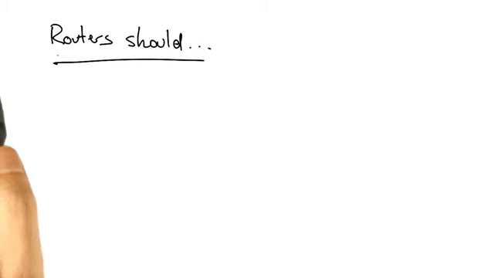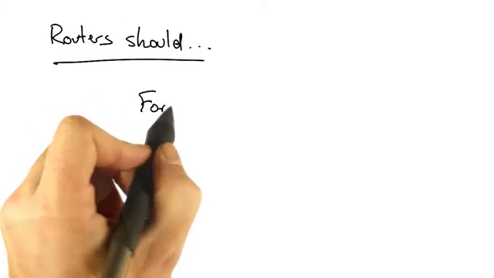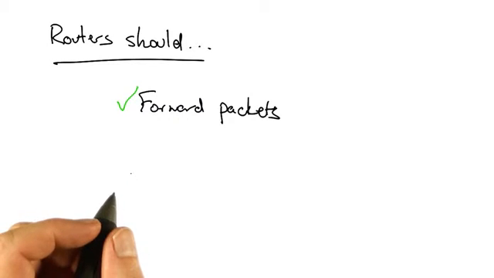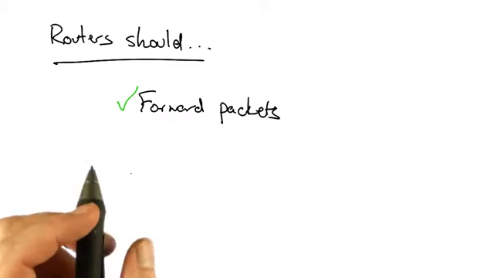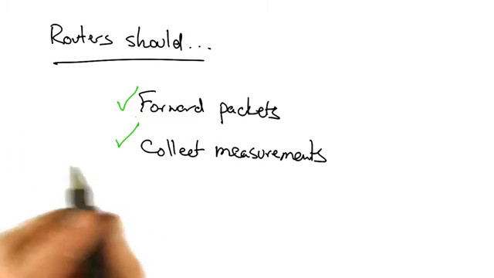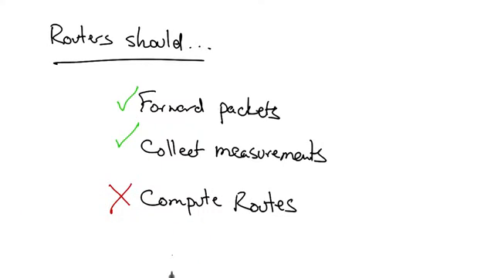So to make network operations easier, routers should forward packets, since router hardware is specialized to forward traffic at very high rates. They should collect measurements such as traffic statistics and topology information. But on the other hand, there's no reason that a router should have to compute routes.